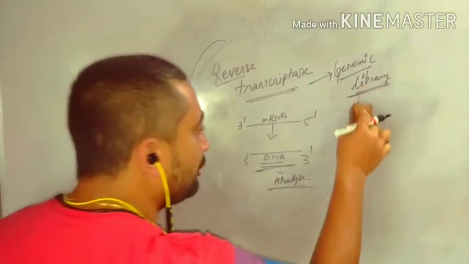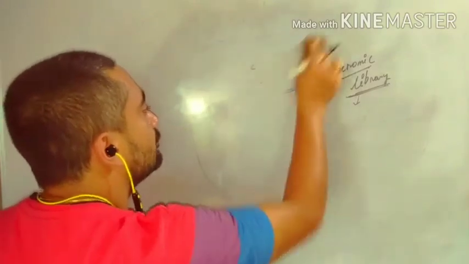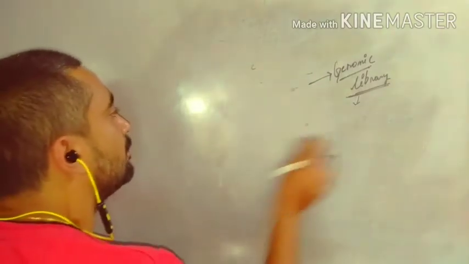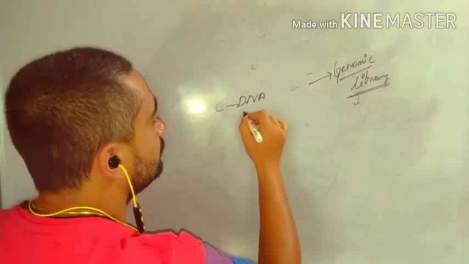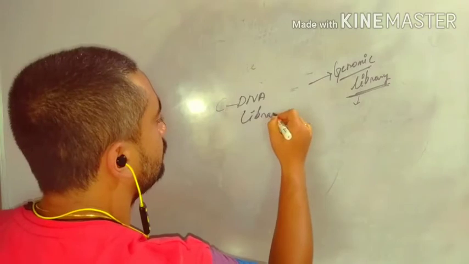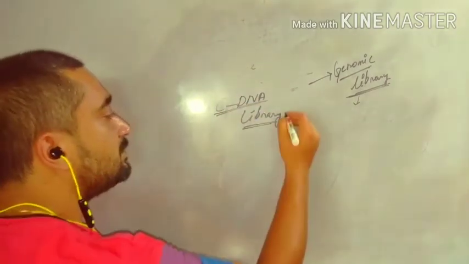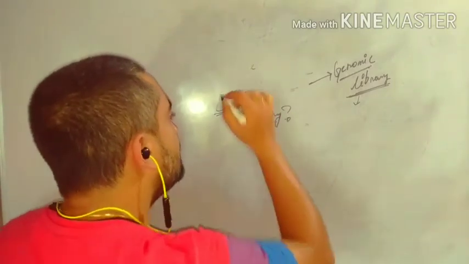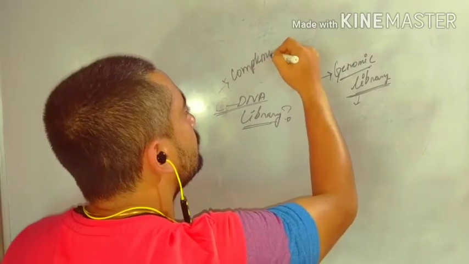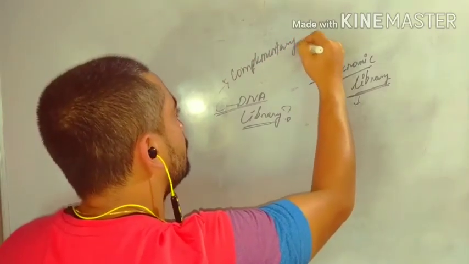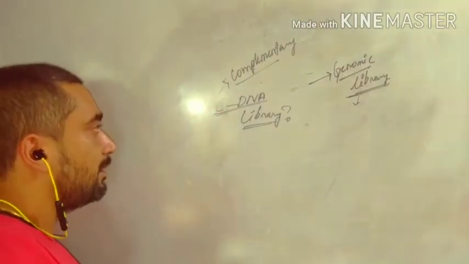Now, like the genomic library, there is another library which is known as cDNA library. Now, what is a cDNA library? C stands for complementary, and DNA is deoxyribonucleic acid.